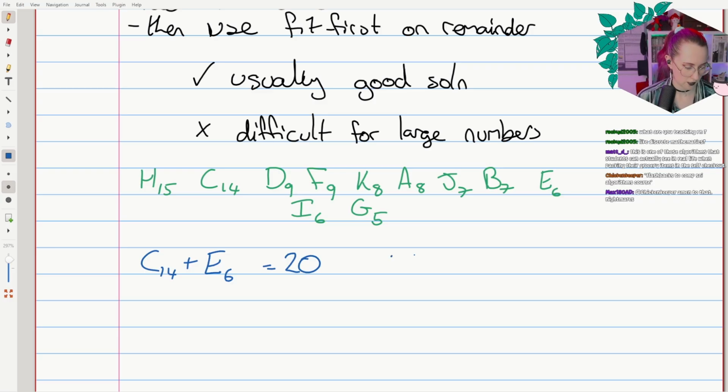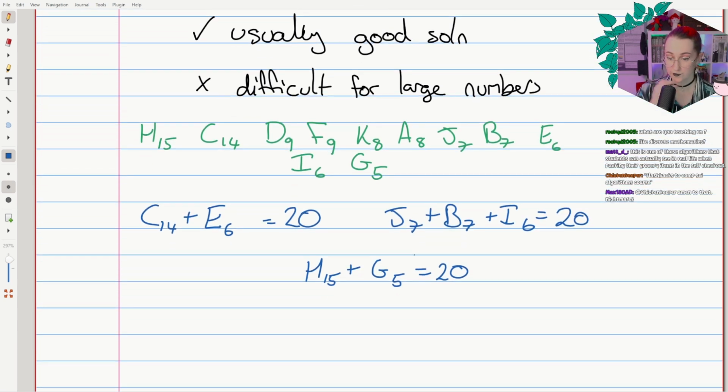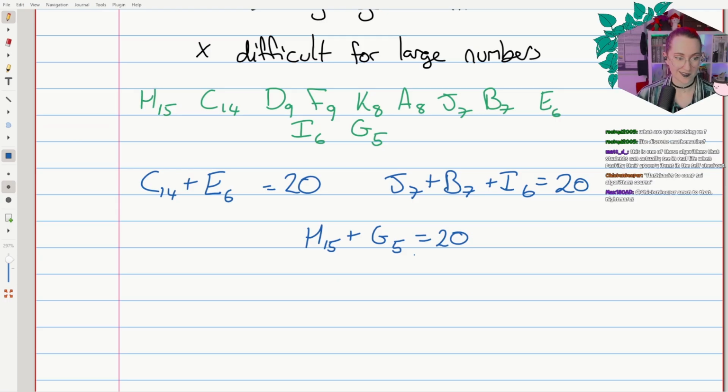We can use that J7 and B7 and I6 are equal to 20. We can use that H15 and G5 are equal to 20. So that gives us 3 bins. And then there's nothing really we can do with the 9s and the 5s.